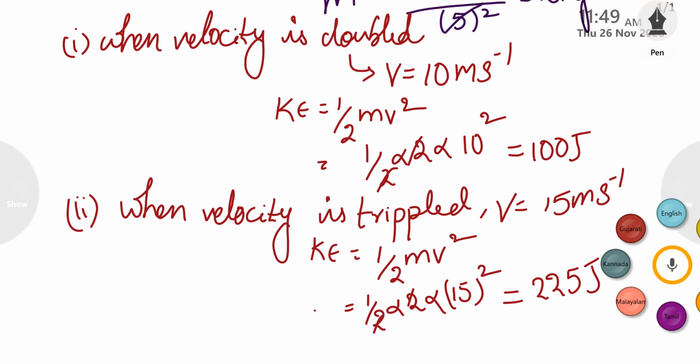Because we are lifting here against the force of gravity. Force of gravity is there on the earth. Force of gravity is nothing but gravitational force. So we have gravitational force on the surface of the earth. When we lift objects to a certain height, then it is called work done against the force of gravity.